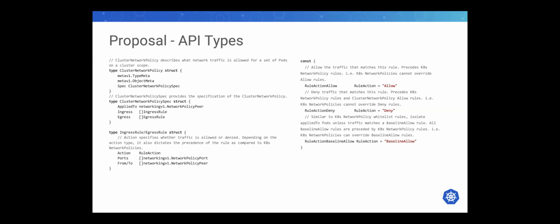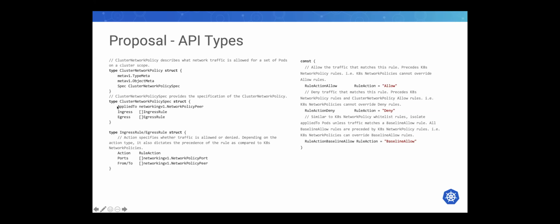Now, in the cluster network policy spec, this is where we will see some of the similarities with Kubernetes network policy: your ingress rules and egress rules can be defined with the ingress and egress fields. So again, similar to Kubernetes network policy.